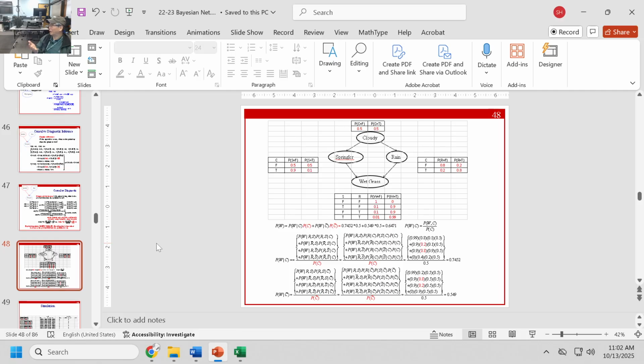The banking industry and credit card companies try to catch fraud and all kinds of financial issues using the same tricks. Okay, now here is the example. This time, we add one more common cause, cloudy or not cloudy, and then we have sprinkler on and sprinkler not on.